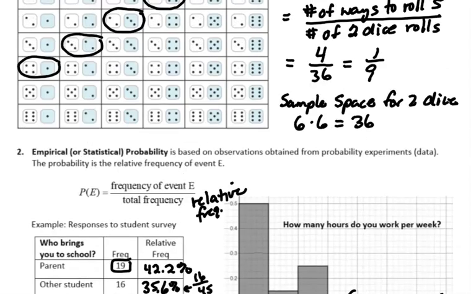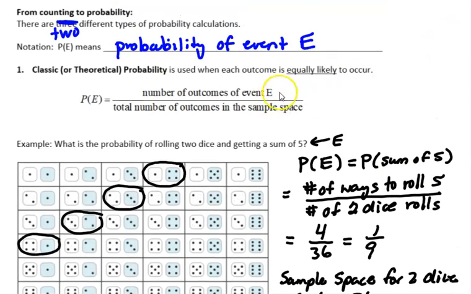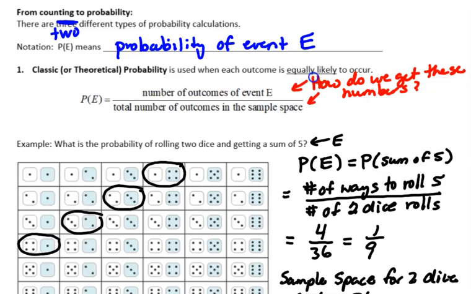Now let's summarize the different ways that we could figure out this number of outcomes of event E over the total number of outcomes in the sample space. How do we get these two numbers? One possibility would be to use the fundamental counting principle.